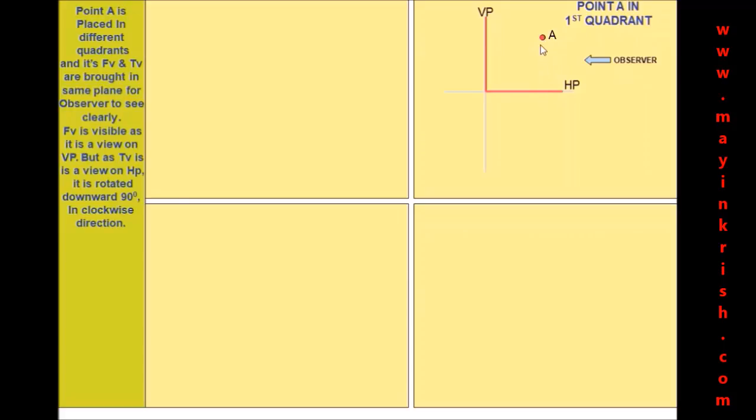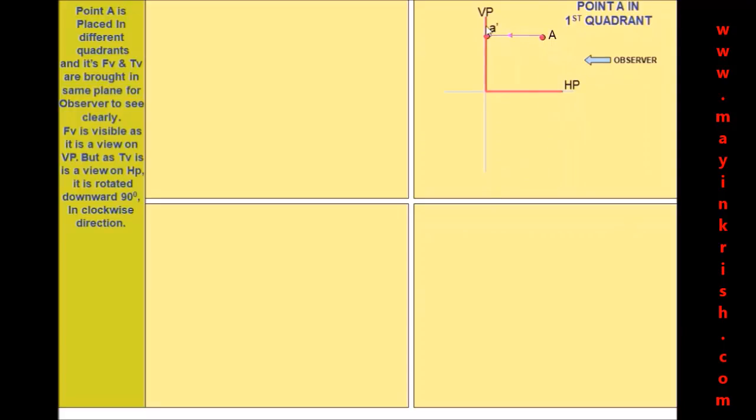As it is a vertical distance, to place this vertical distance we need a surface, which is nothing but the vertical plane. We can't place the vertical distance on the horizontal plane. There's a reason why the front view has to be projected on the vertical plane itself. It can't be projected on the horizontal plane, because the distance from the horizontal plane to A is a vertical distance, so it has to be projected on the vertical plane itself.